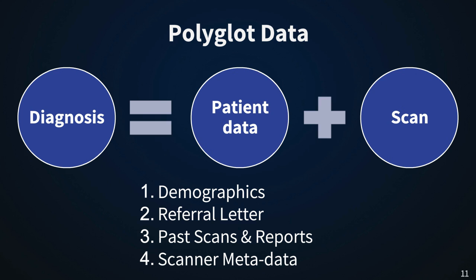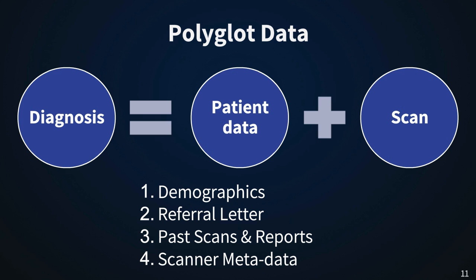So when a radiologist diagnoses a CT scan, she doesn't only look at the image itself. Radiologists look at many other pieces of information that they have about the scan and the patient. The types of information start from the demographics of that patient, and we also have the referral letter from the referring physician that asks for that CT scan or MRI scan.